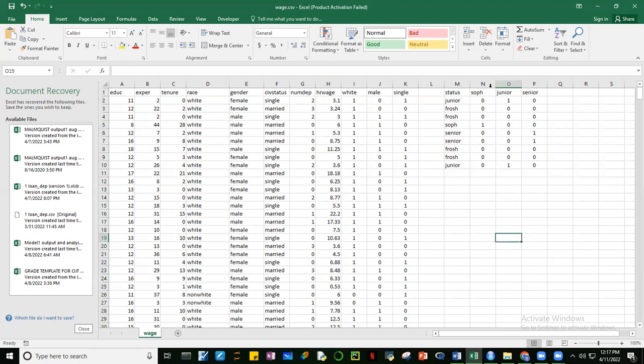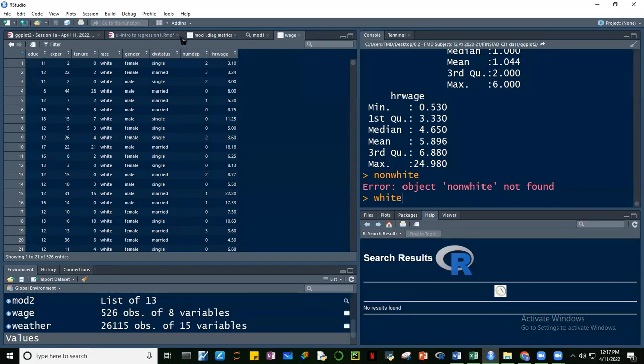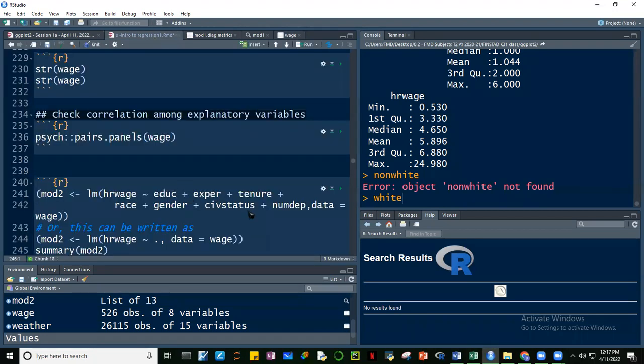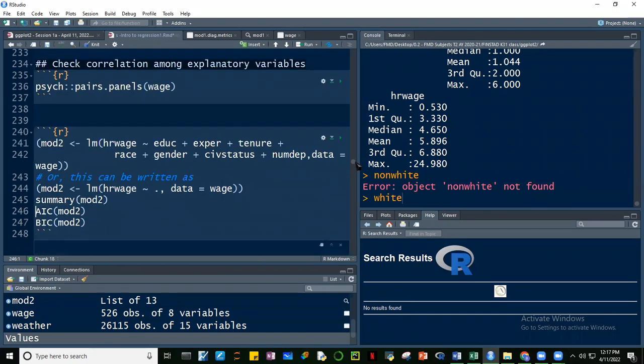So far, guys, sa example natin, tig-iisang level lang yung mga factors. Kaya when you look at the output, yun yung output natin, guys.